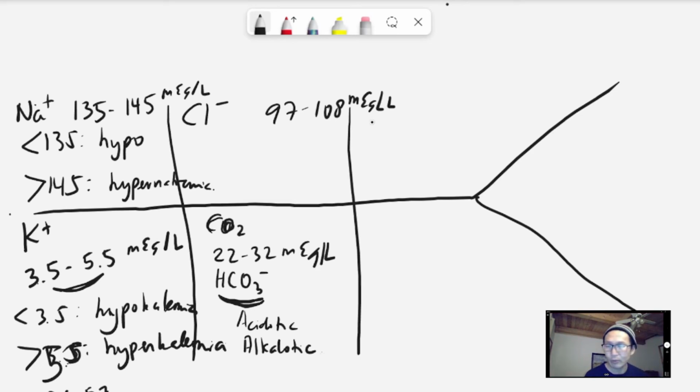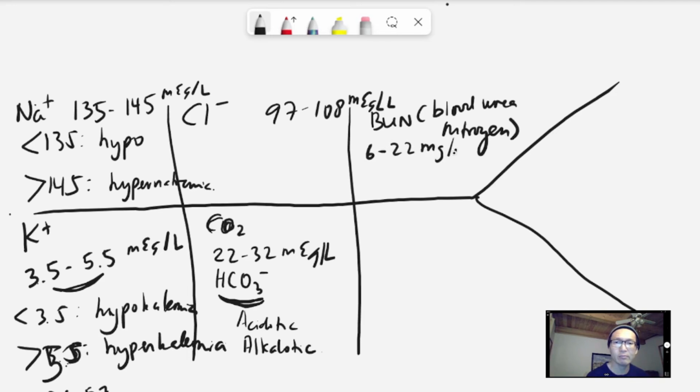The next one is BUN, or blood urea nitrogen. The level for this one is between, I would say, 6 to 22 milligrams per deciliter. BUN tells you the function of the kidney, and the other one as well is called creatinine, so I'm going to talk about these together.